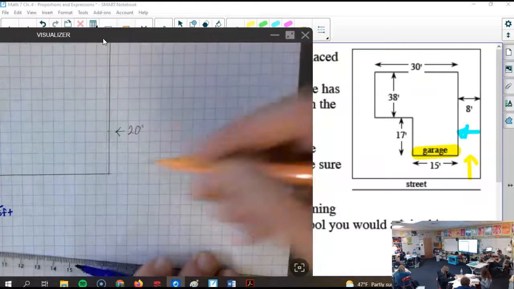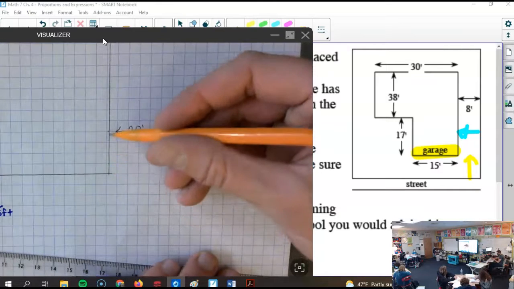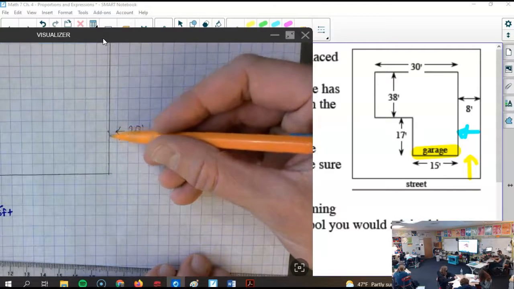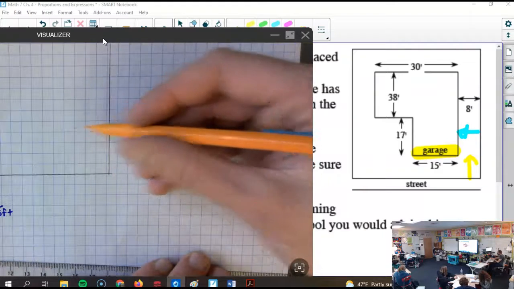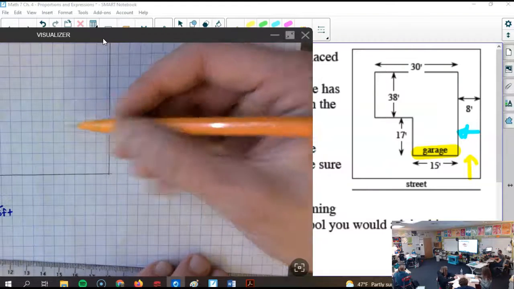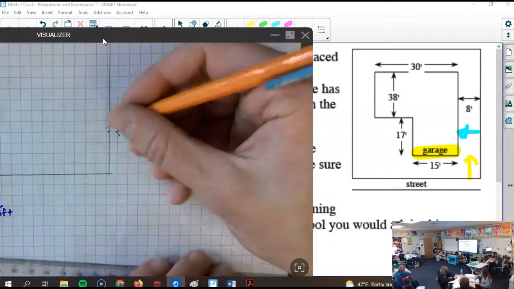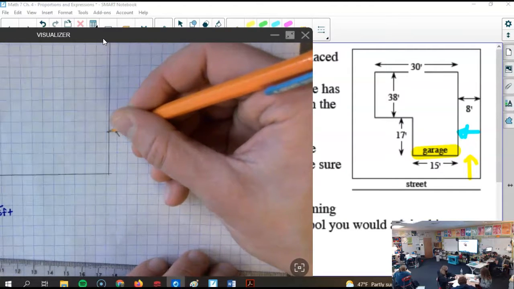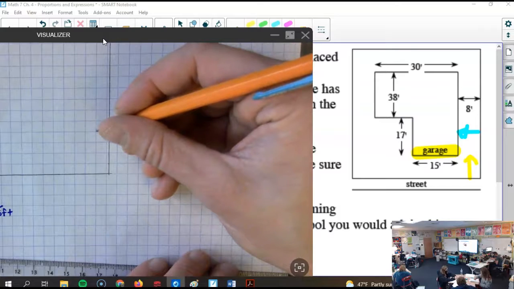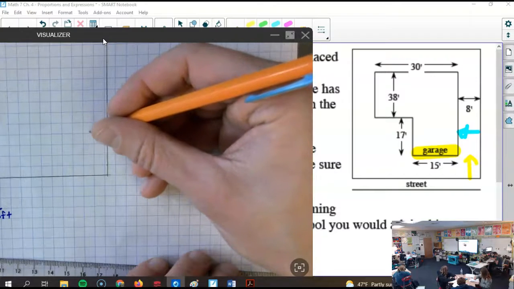Anyone have questions about that? We went 5, 10, 15, 20. Every box is 5 feet. Now we've got to go over 8 feet. Go ahead and do that on your paper. Well, this was 1, right? This was 1, the tiny little bit. 5 more. 6, 7, 8.